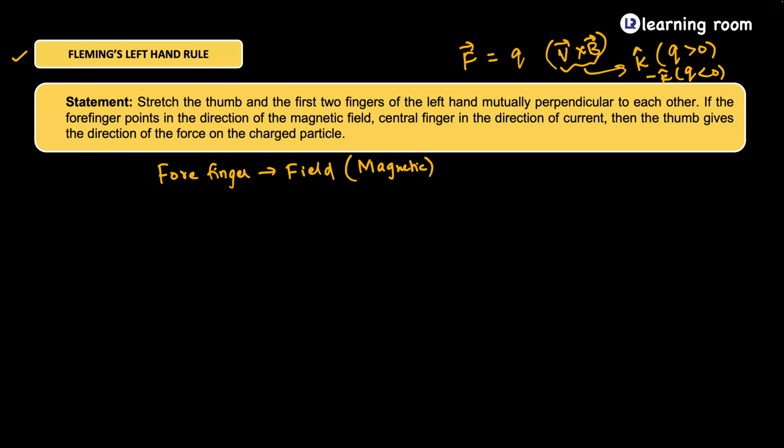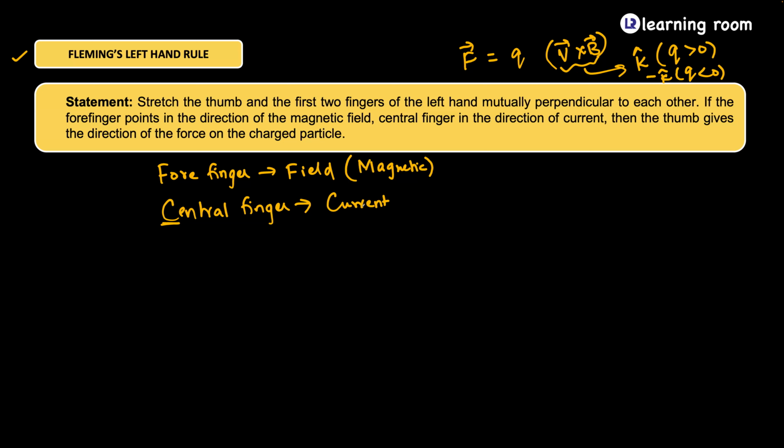What about the second one? You have the central finger, right? When you talk about the central finger, remember it starts with C. So it should be in the direction of current. But here, sir, you're talking about charge, right?